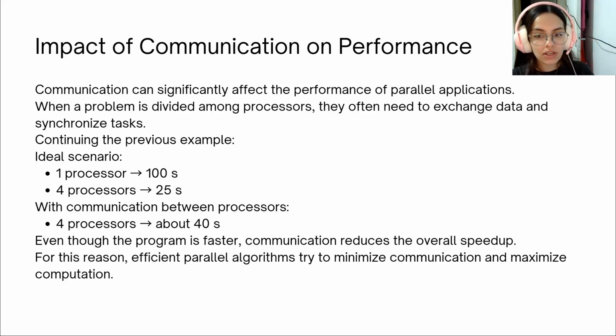So in the ideal scenario, one processor, 100 seconds, 4 processors, 25 seconds, but when communication is required, 4 processors may take about 40 seconds. Even though the program is still faster than the sequential version, communication reduces the overall speedup. For this reason, efficient parallel algorithms try to minimize communication and maximize computation.